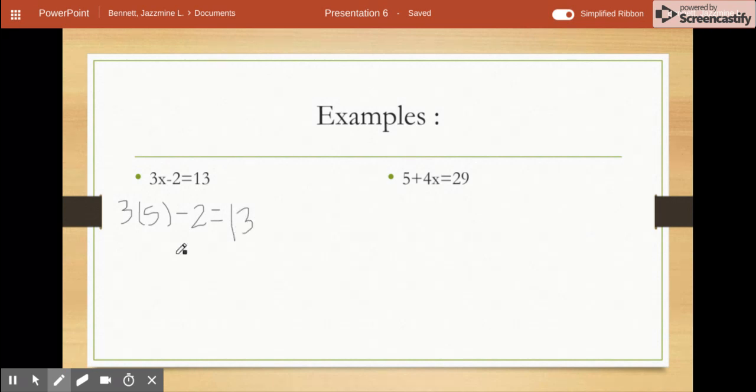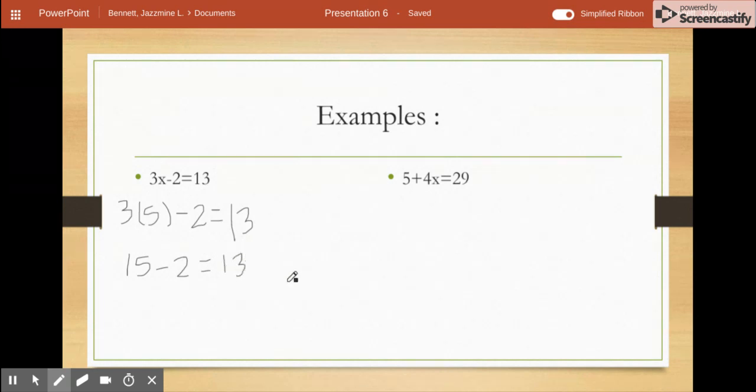If we do have a wrong answer, I want you to bring it to my attention later on in class. So now we have 3 times 5 minus 2 equals 13. 3 times 5 is 15. 15 minus 2 is 13. So that answer is correct.